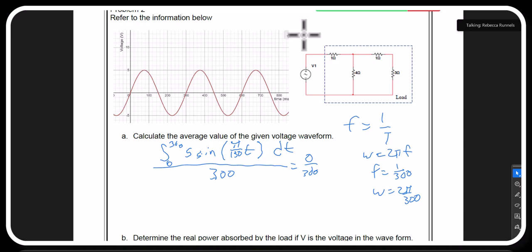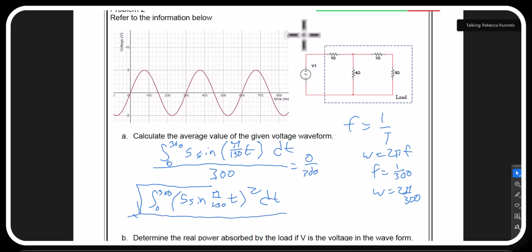If it had asked for root mean square, you would have had a different answer. How would we get the root mean square? We need this for a later problem. You square, integrate, and take the square root, so you'd have the square root of the integral from 0 to 300 of 5 sine pi over 150 t squared dt, sorry my handwriting is so bad, over 300.